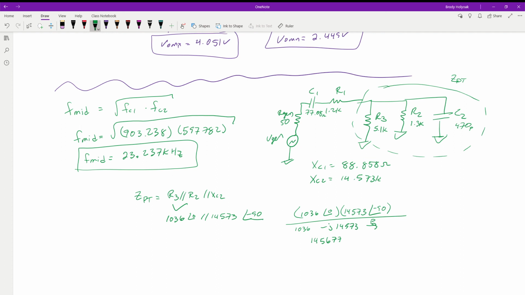Let me double check that. I think I might have made a mistake there. Converting from rectangular to polar, we have 1036 and 14,573.